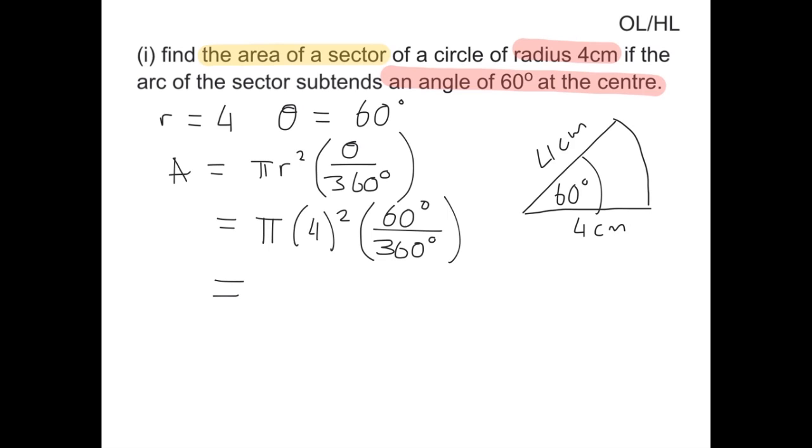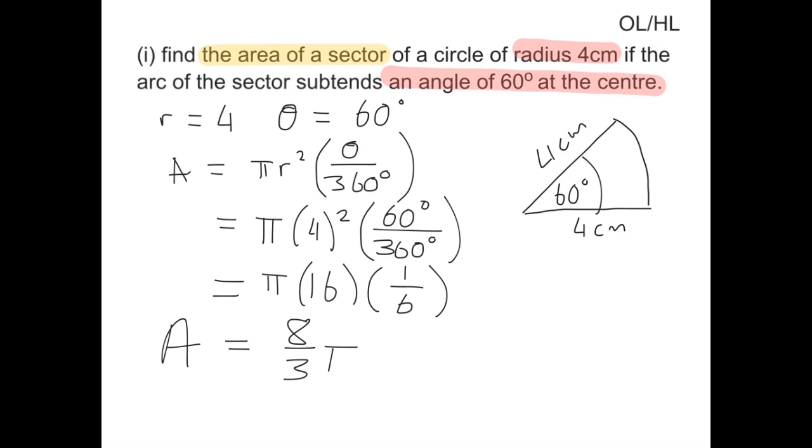Simplifying this a little bit, that means we have pi times 16 times 1 over 6. And putting this into our calculator, we get that A is equal to 8 over 3 pi centimeters squared. Just leaving it in the most general form.